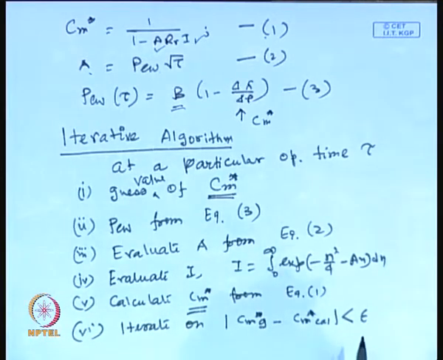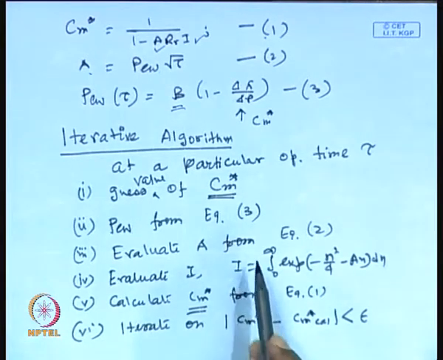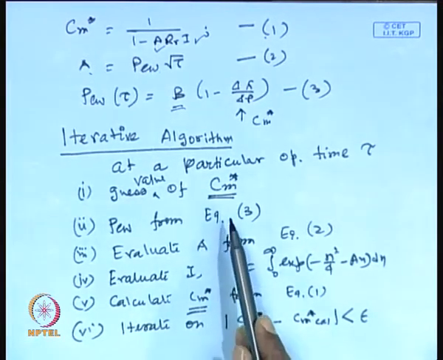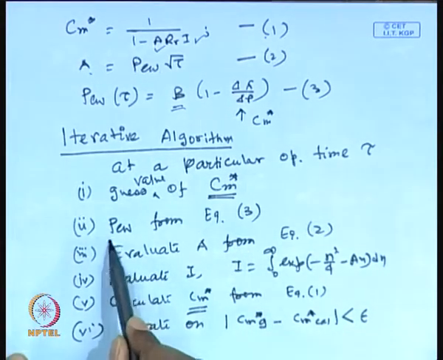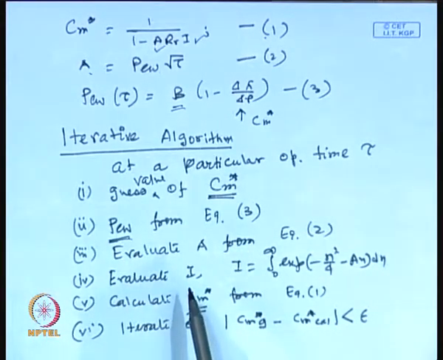And what is the final outcome of this exercise? Final outcome is that you will be getting a profile of Cm star as a function of tau, you will be getting a profile of Pw as a function of tau, right.